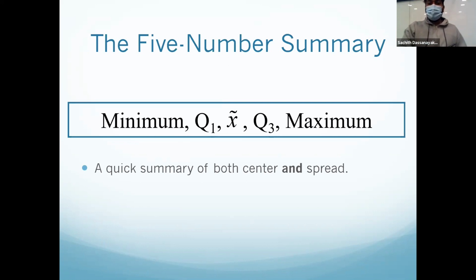Okay, next plot is the box plot. We have done histograms, stem and leaf plots, the bar chart, these kinds of things. Then there is one thing we need to do: the box plot.